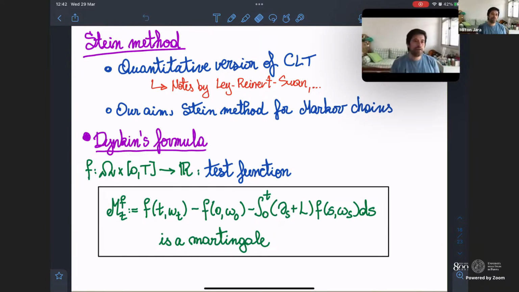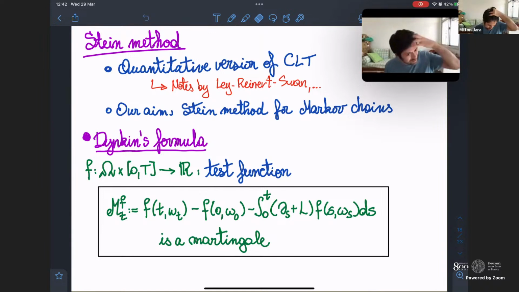But if the Markov chain is given to you in advance and you cannot change it because it comes from modeling some physical or biological phenomenon, it's more difficult to make Stein's method work. At least the literature is not the way people think about Stein's method. So how do you apply Stein's method to Markov chains?